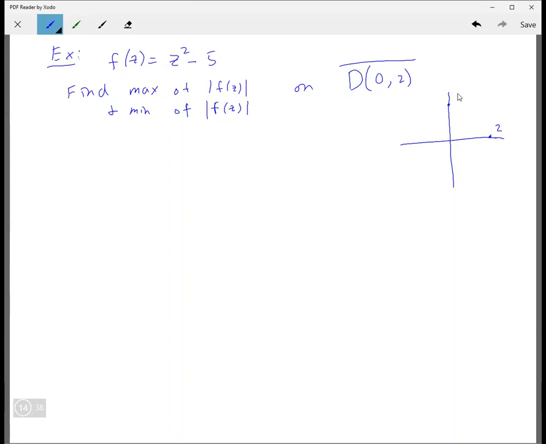So again, it goes through these points here, and you're including the inside.